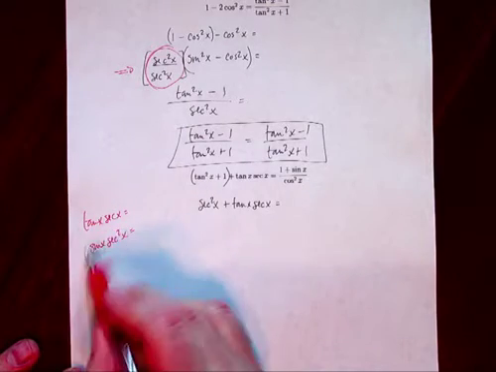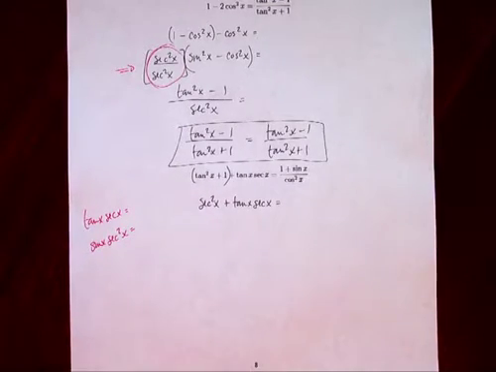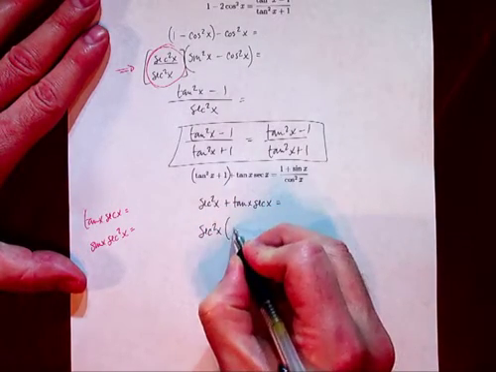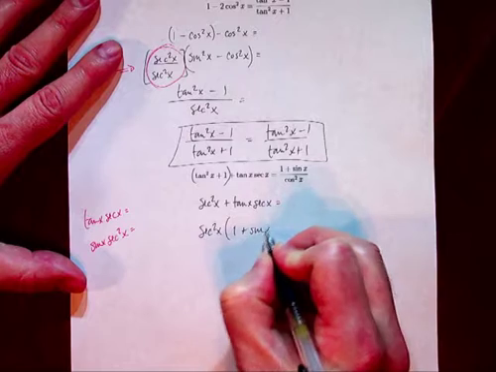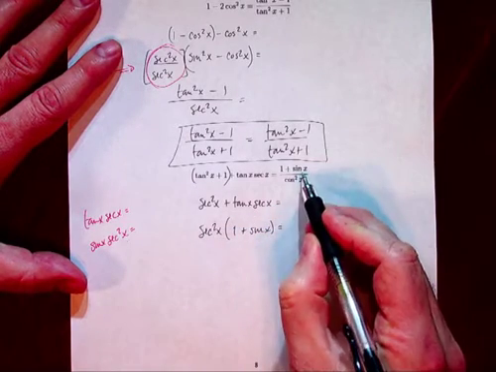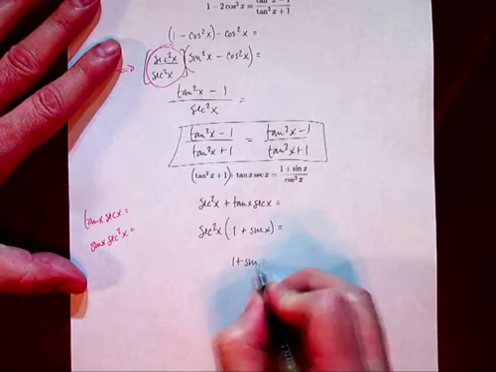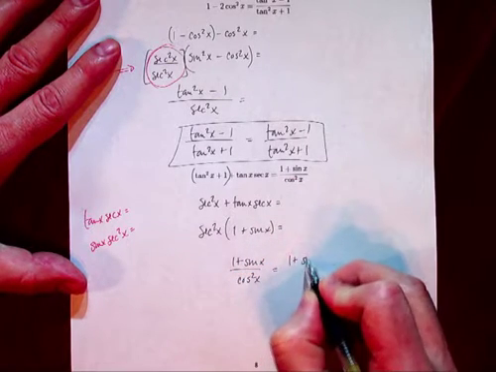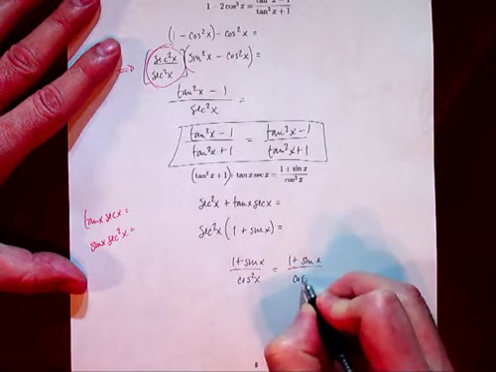This is the same, okay? And so you can factor out a secant squared and just get 1 plus sine x. Oh my gosh, that means that 1 plus sine x over cosine squared is equal to 1 plus sine x over cosine squared.